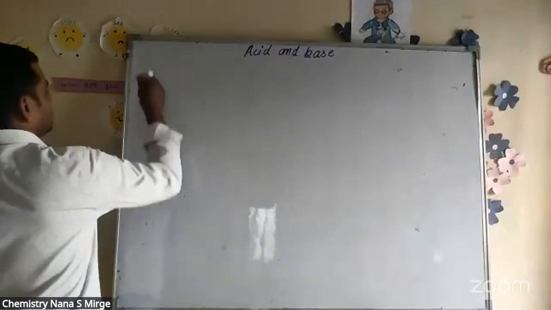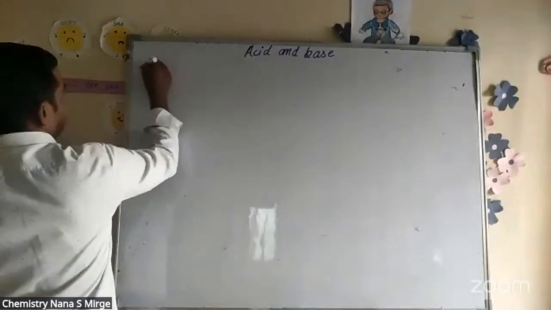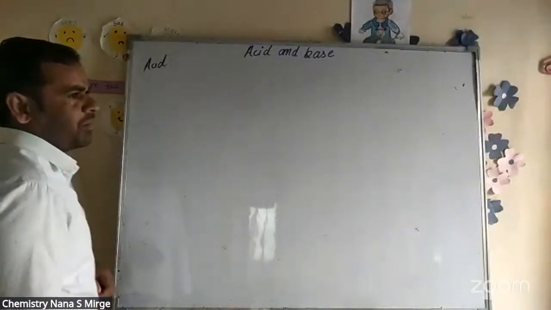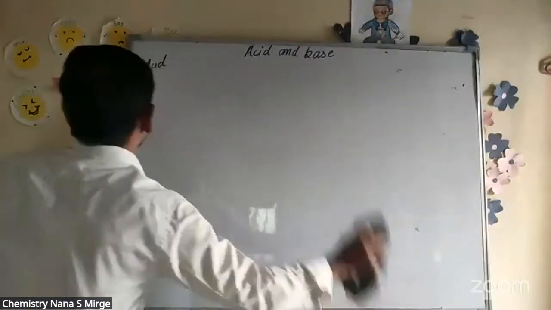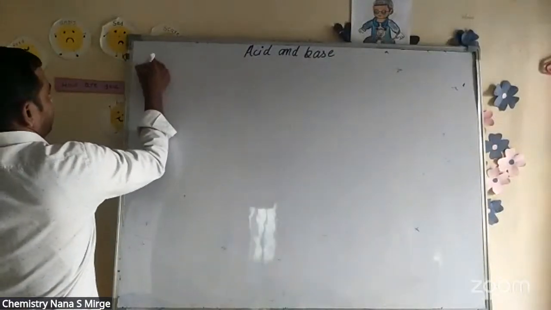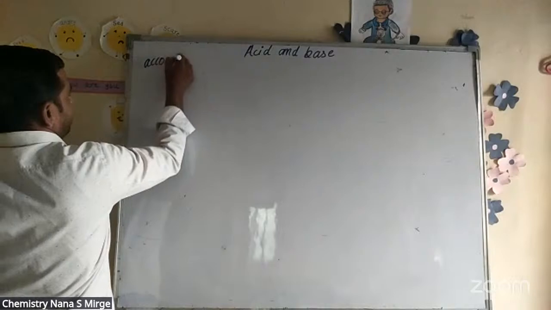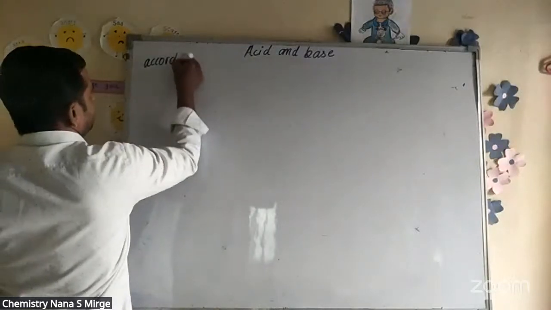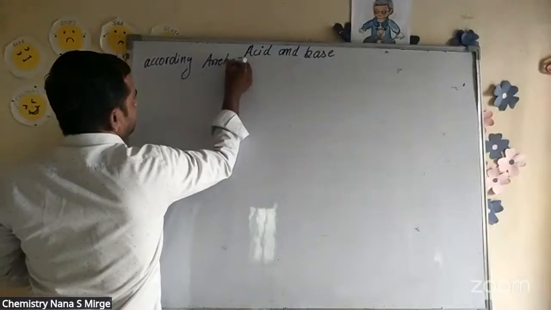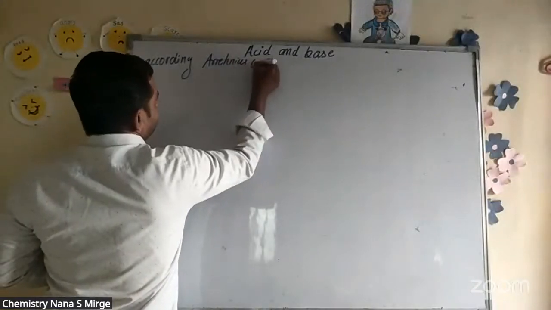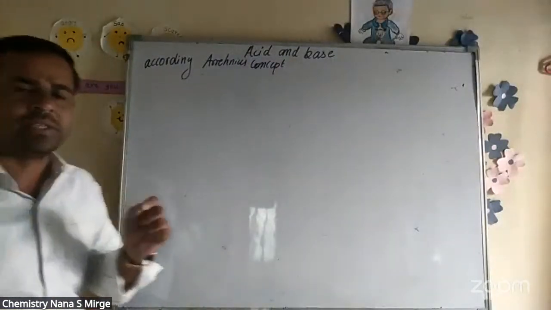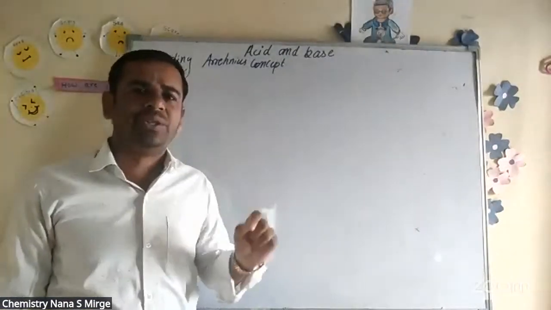So what is the chemical definition of acid in the Arrhenius concept? According to Arrhenius, how did he define acid?